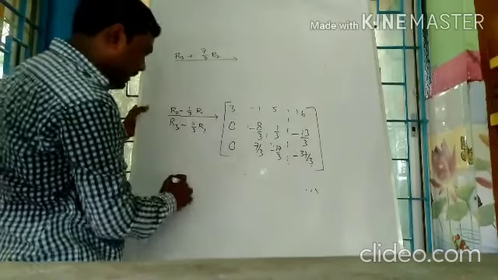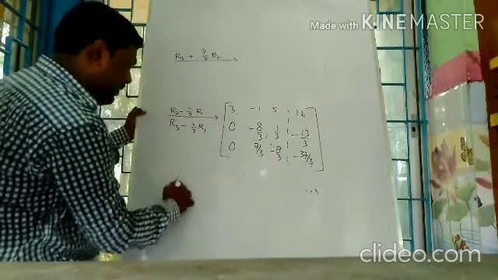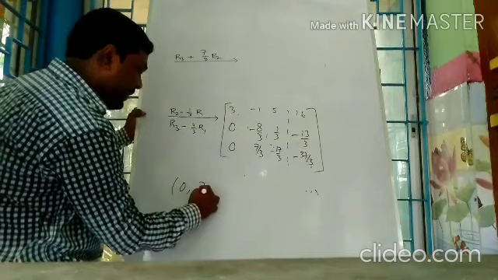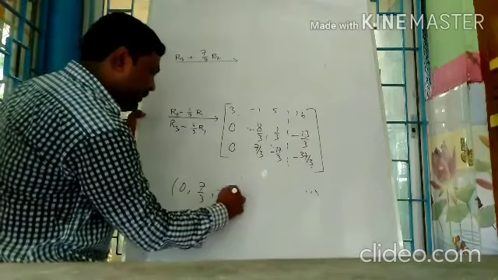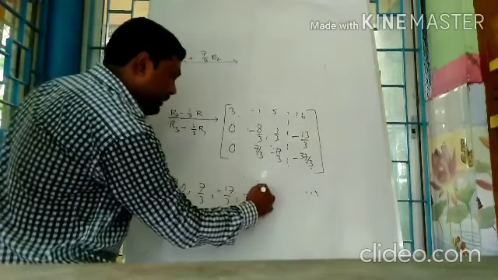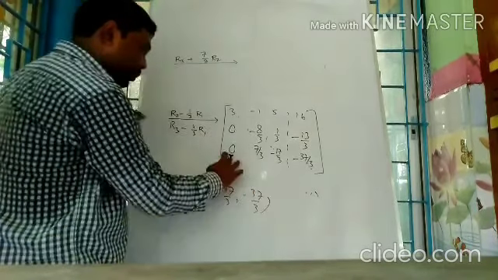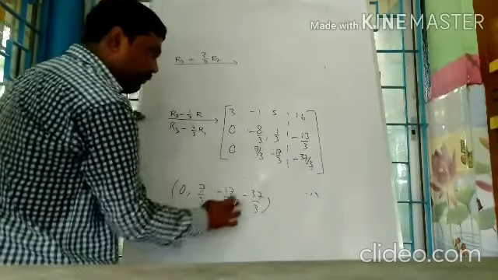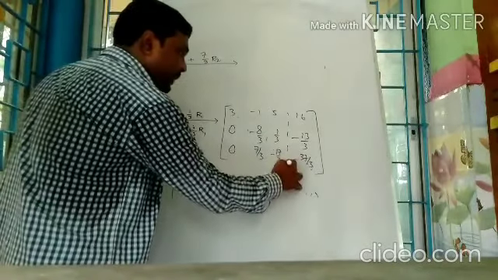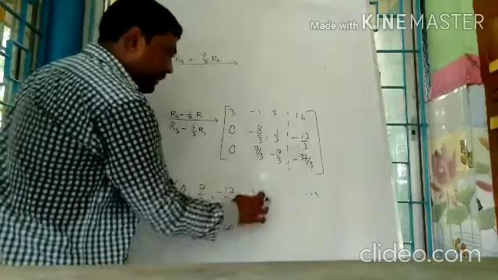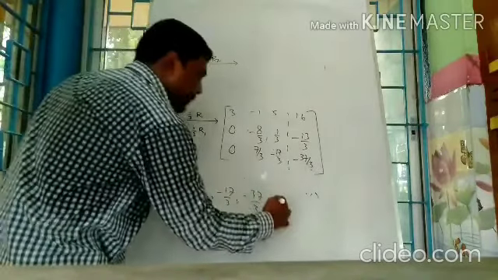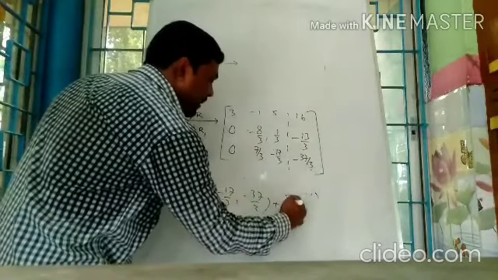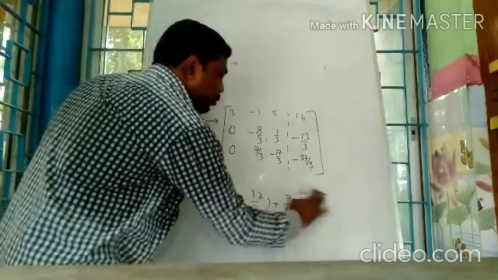What is R3? R3 is 0, 7 by 3, minus 17 by 3, minus 37 by 3, plus 7 by 8 into R2. What is R2?